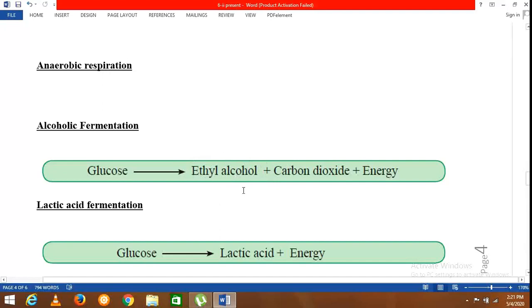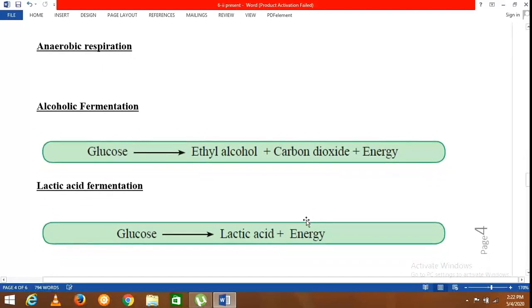This is an example for the alcohol fermentation, how alcohol is produced by using yeast. Then when anaerobic respiration takes place in animal cells, we call it lactic acid fermentation. There glucose is converted into lactic acid and energy.